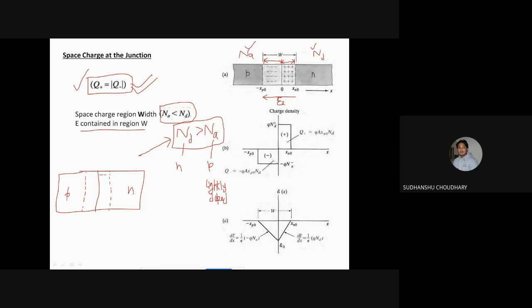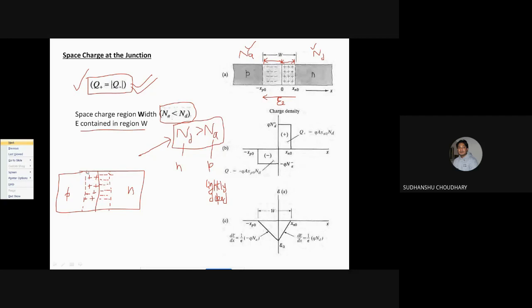So I have more donor ions in the n-type region compared to the acceptor ions in the p-type region. Right? So in every row I have 3 here, but in every row I have just 2. So obviously the charges are not balanced in this case.